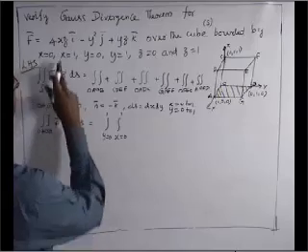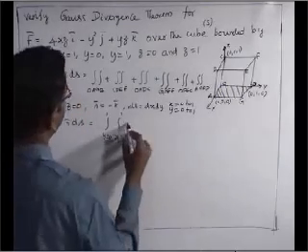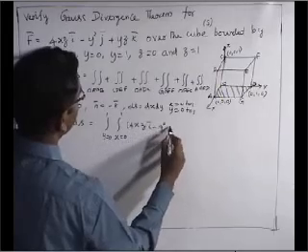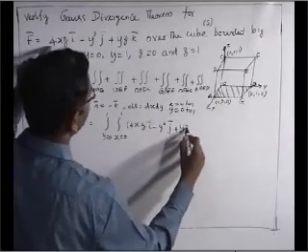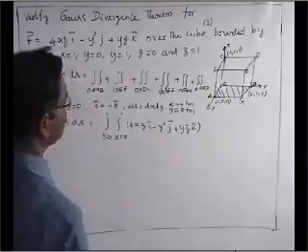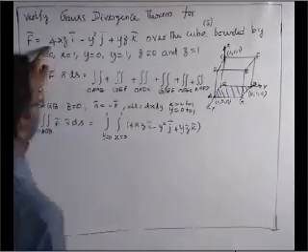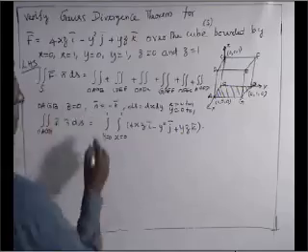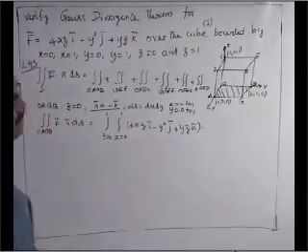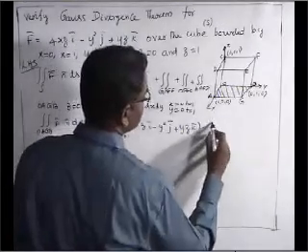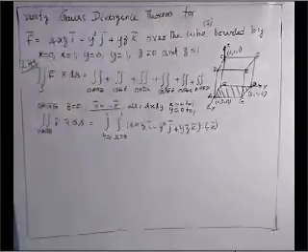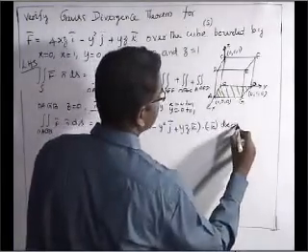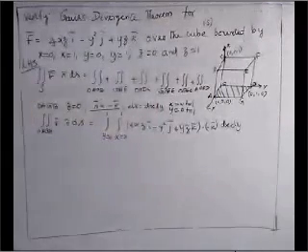F is 4xz i minus y square j plus yz k. This is your F vector, dot n cap. N cap on the surface is minus k. So minus k vector into dx dy. Dx dy. Okay, that's all.